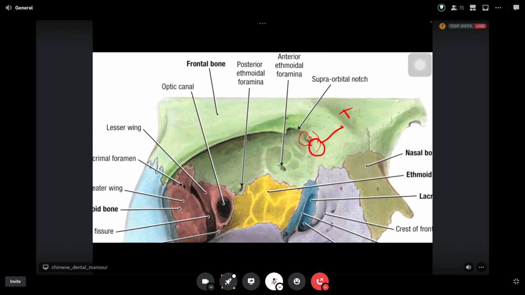The one that is near the optic canal is the anterior ethmoidal foramen, and the one far from the optic canal, medial to the lacrimal part, is the posterior ethmoidal, if I'm not wrong. Okay, sorry, I think I've confused them. Yeah, I've confused them. So in the medial part of the orbit, this foramen is the anterior ethmoidal foramen, and the one that is near the optic canal is the posterior ethmoidal foramen.